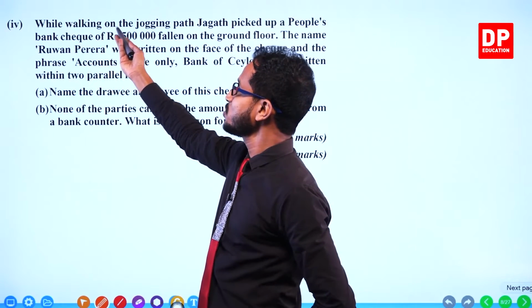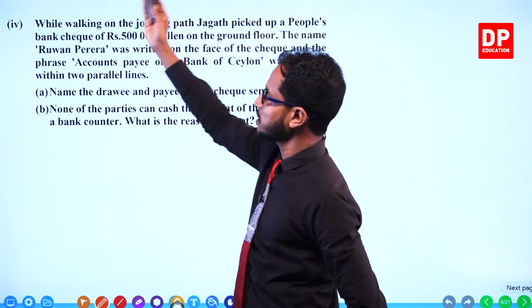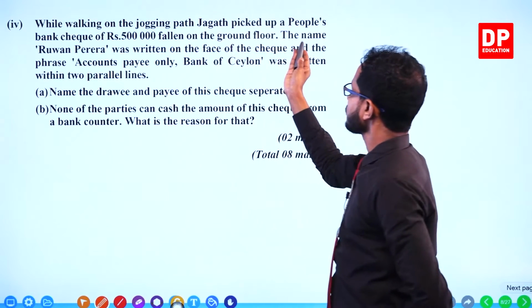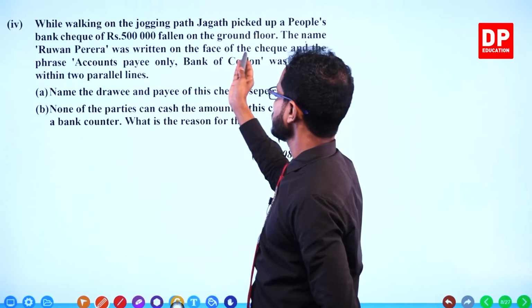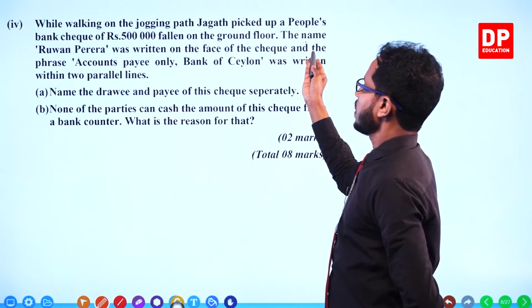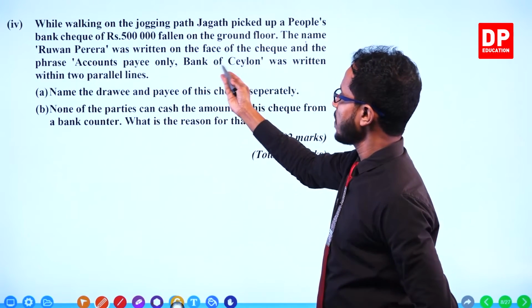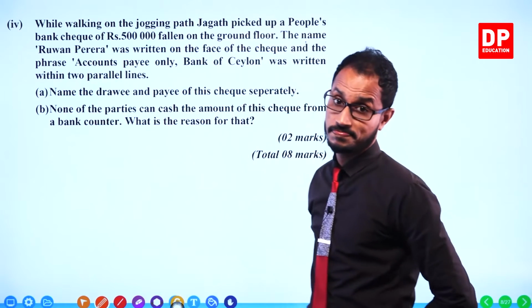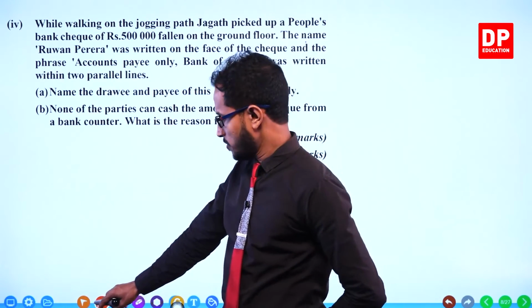While walking on a jogging path, Jagat picked up a People's Bank check of 500,000 fallen on the ground. The name Ruan Pereira was written on the face of the check, and the phrase "account payee only, Bank of Ceylon" was written within 2 parallel lines. Not very lucky now, is he?